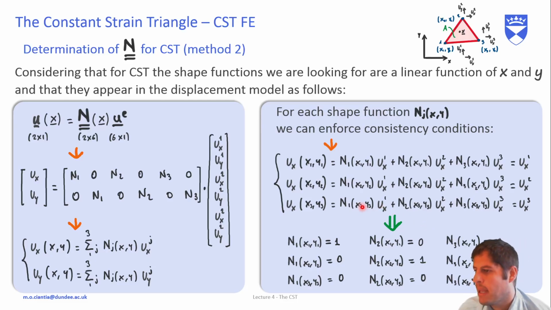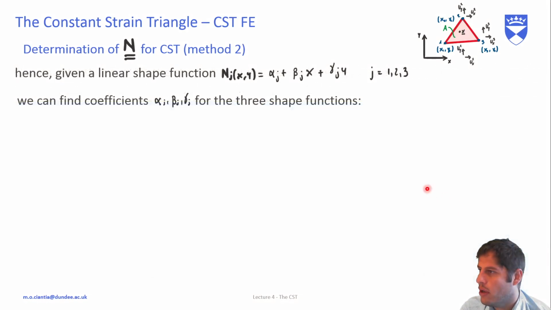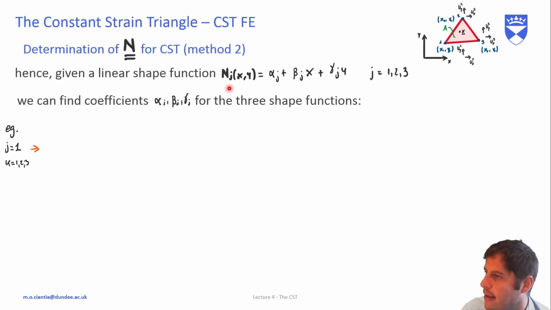Okay, so moving on to determination of the rest of these parameters, alpha, beta, and gamma. We can find the coefficients for the three shape functions using this approach. Okay, so let's do it for j equal to 1. So let's calculate N1.